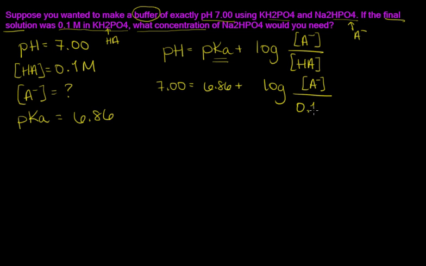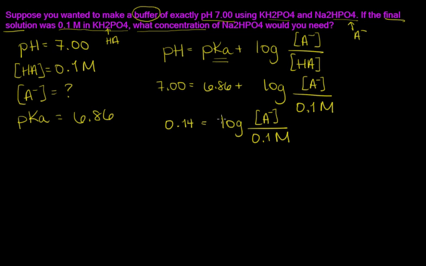Okay, so now subtract 6.86 from both sides, and we get 0.14 equals the log concentration of A minus over 0.1 molar. Hold up. Okay. So now, how do we get rid of this log? Because this is the log of this entire expression.